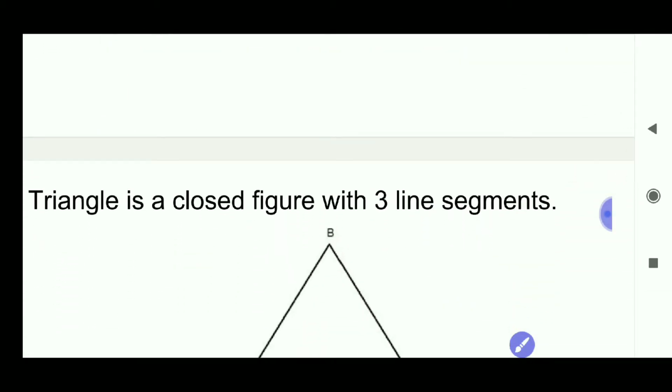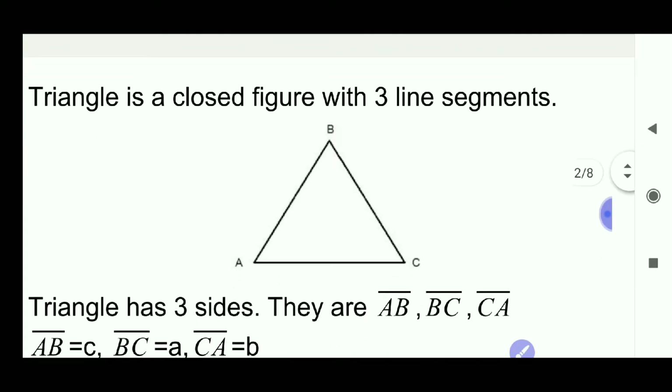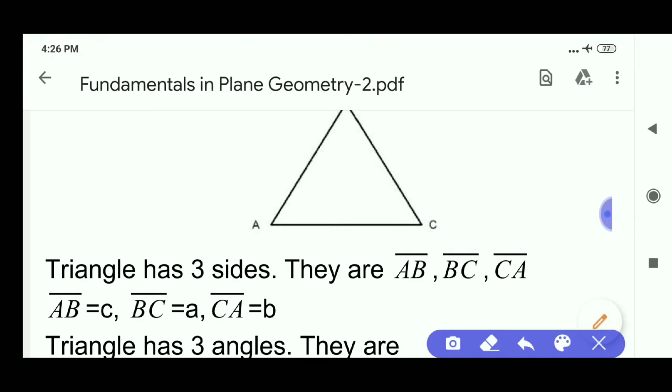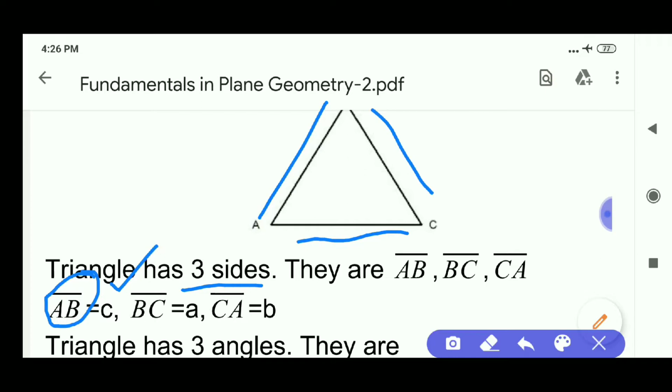A triangle is a closed figure with three line segments, and a triangle has three sides. What are they? AB, BC and CA. The side AB can be written with small c.